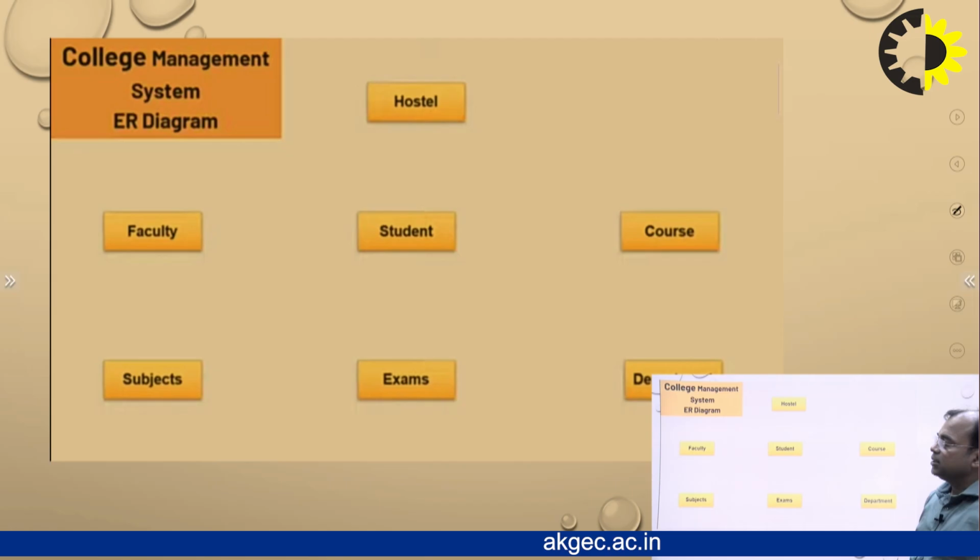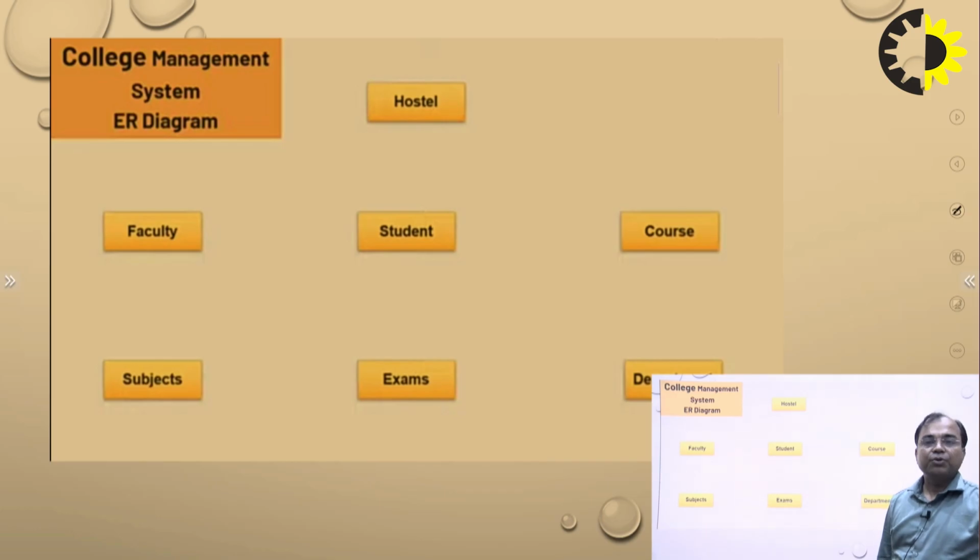It is not required that we go for these entities only. You may increase the entities according to the requirements of the organization, or the college management. We can increase or decrease the entities inside the database which we are going to create.